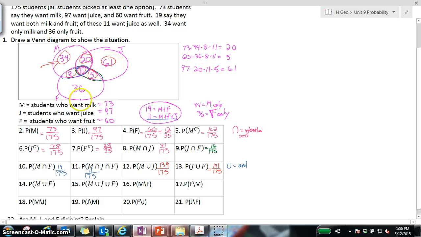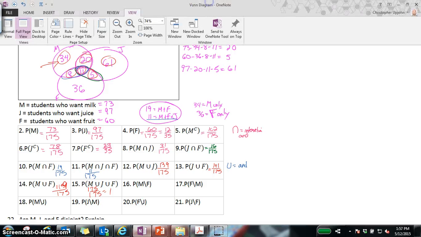So 175 minus all of those, which is 114 out of 175. Sorry, that was 119 out of 175. And then the union of all three of them was all three of those added up. That's everybody. So it's 175 out of 175, grand total of 1.